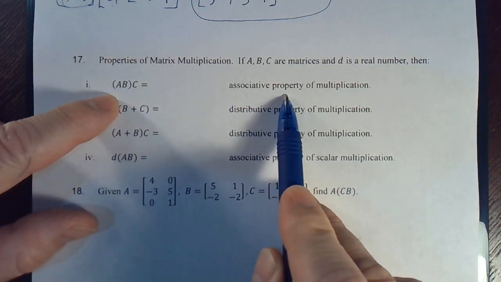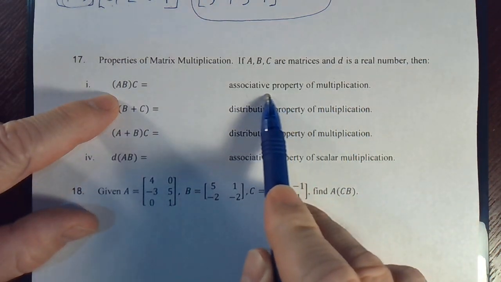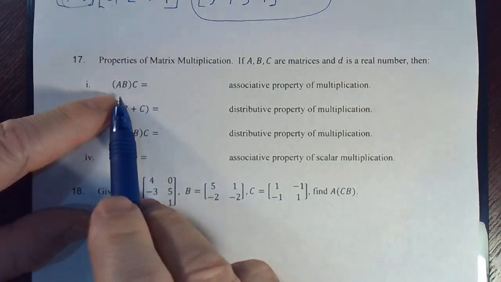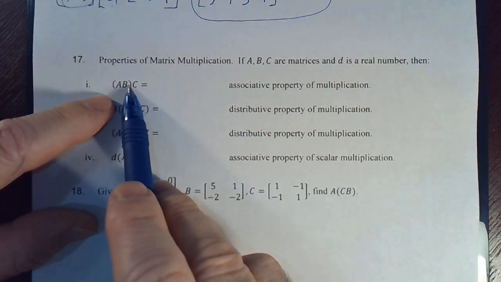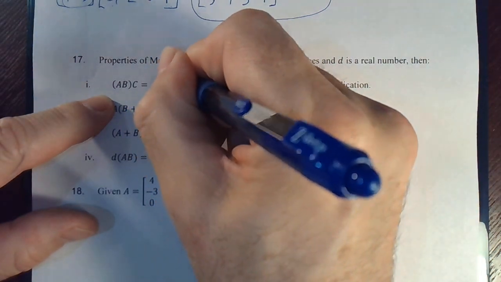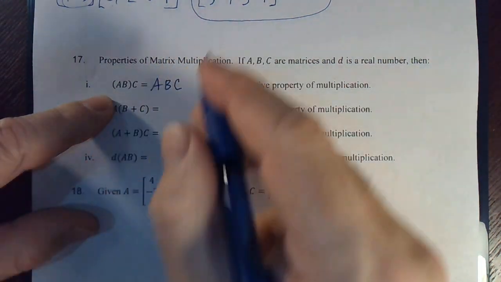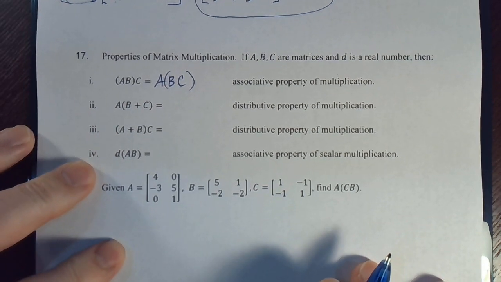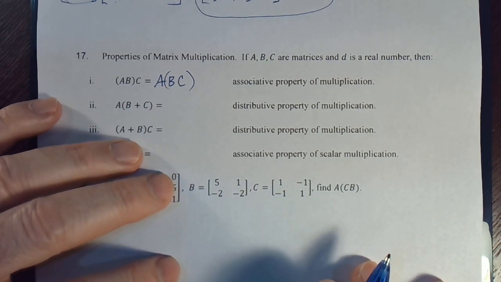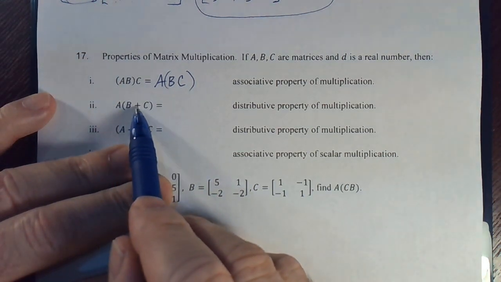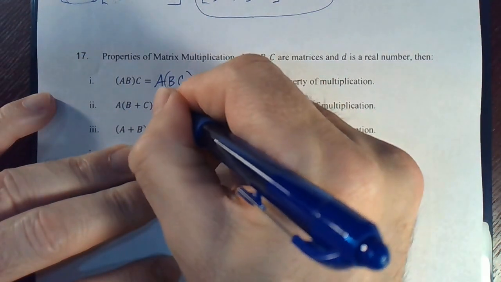This is the associative property of multiplication. Remember the associative law, even with regular real numbers. The matrices are going to stay in the same order, but we're grouping them differently. So you put the parentheses around the BC. All right, and then we've got a couple of distributive properties. This will be A times B plus A times C.